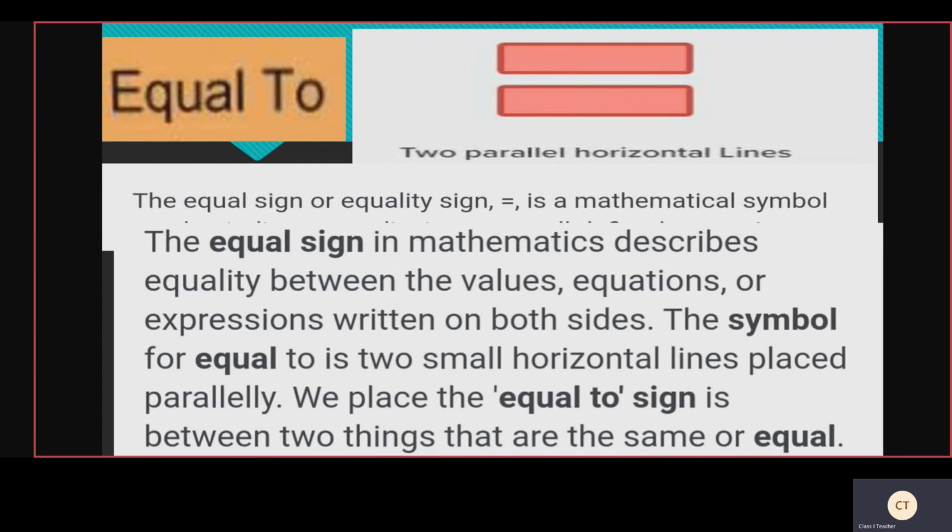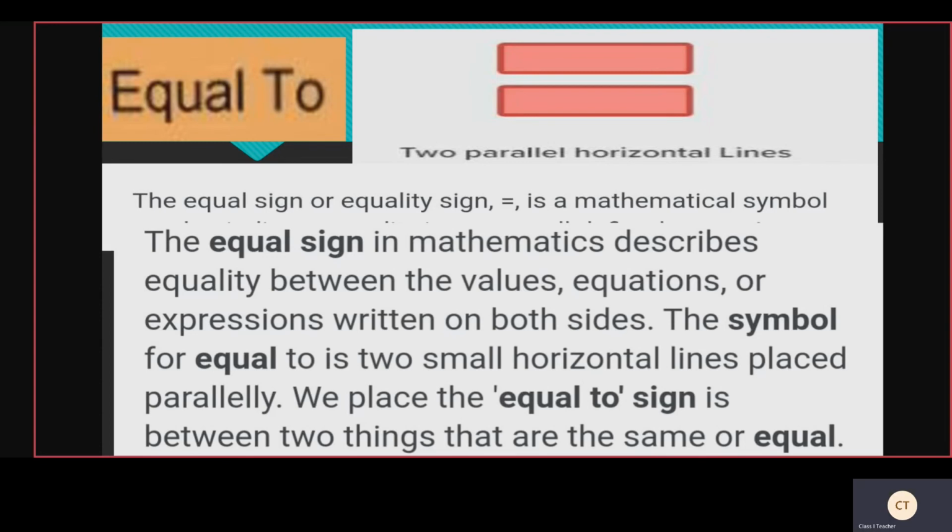Children, look at this sign. It is a mathematical symbol. The equal sign in mathematics describes equality between the values, equations or expressions written on both sides.